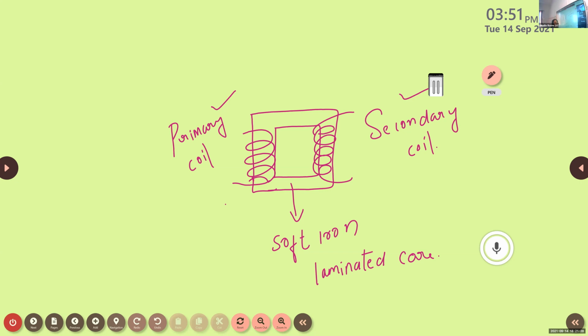Now we are going to describe some terms associated with the transformer. The number of turns of the primary coil is represented by NP. The corresponding voltage or potential with respect to the primary coil is represented by VP.